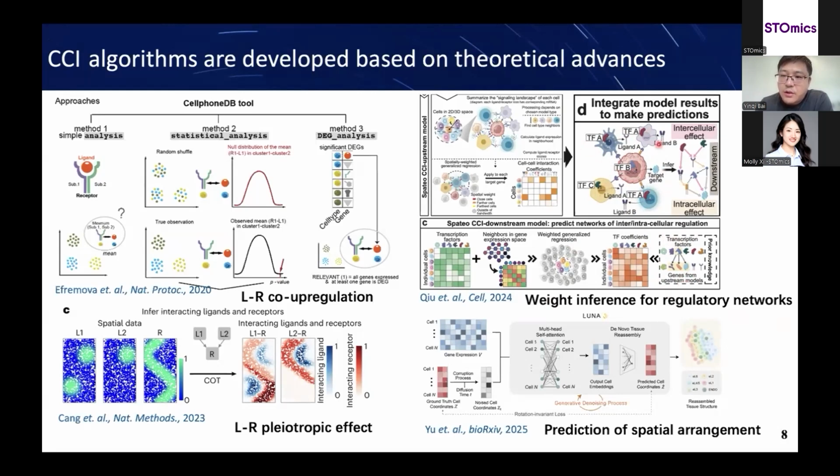So when we construct a network, we can infer all weights, not only for the ligand receptors, as well as the downstream TFs and the effect genes. So if this is true, a very new concept can be constructed.